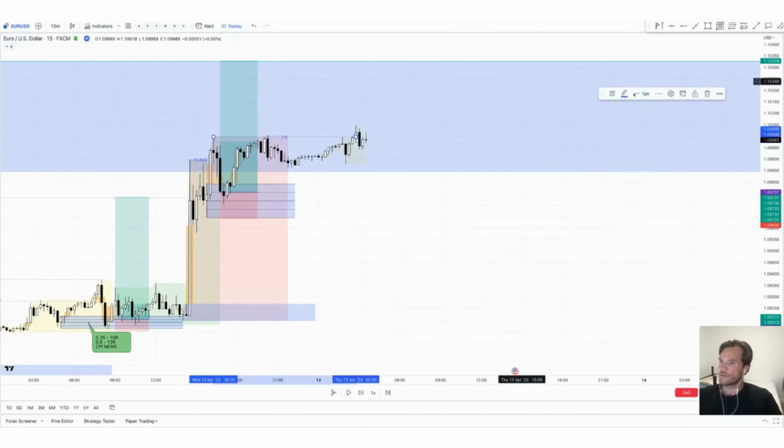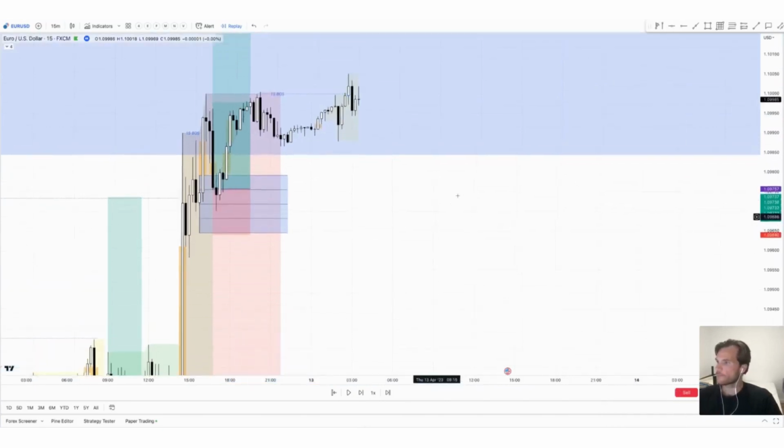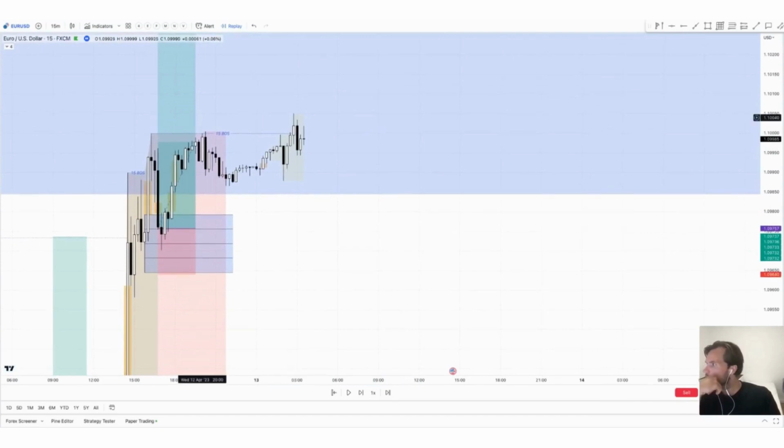Okay, there we go. We've had break of structure. This looks pretty nice. So Asian, yeah, okay. This one would be the flip zone as we trade, and then the next one would be the extreme.